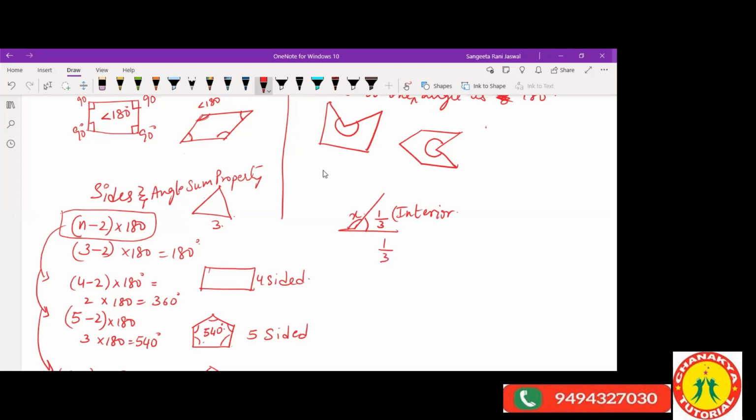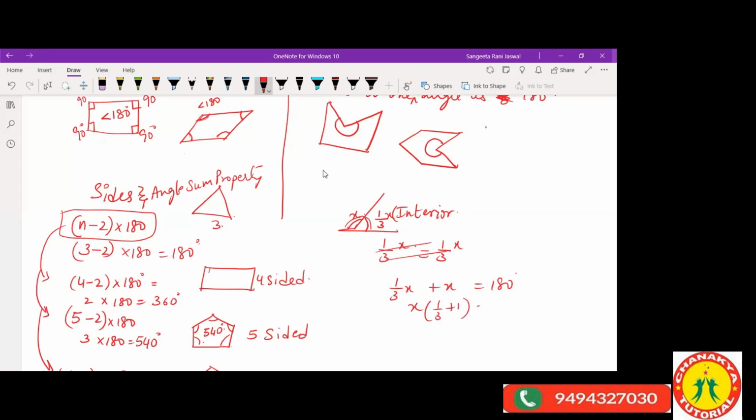So the exterior angle is 1/3 of x. That means 1/3 of x plus x will give me 180, because it forms a linear pair. You can try it like this. Just try it.